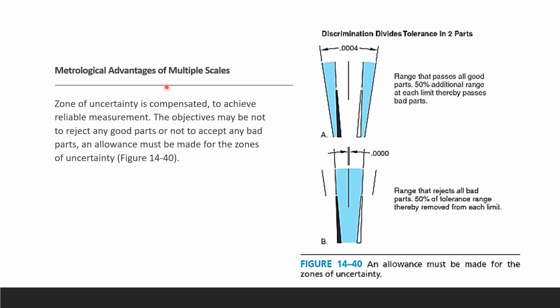And that can happen. So the zone of uncertainty must be compensated. We want to compensate the uncertainty zone to reduce that apparent reading error. To achieve reliable measurement, we want to compensate that zone of uncertainty that is giving us issues. In order to get reliability, you have to get rid of all the issues.